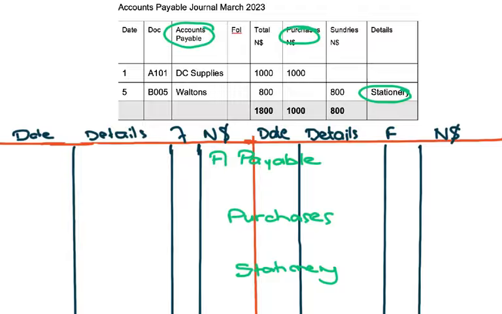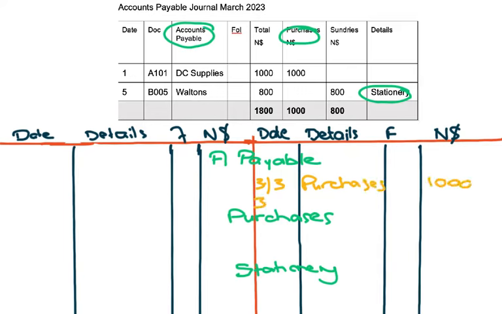Remember, we use the last day of the month, so that will be the 31st of March. My details. Now, because I'm working with purchases and stationery, I will have 2 entries. So my first one will be purchases, and my amount is 1,000.